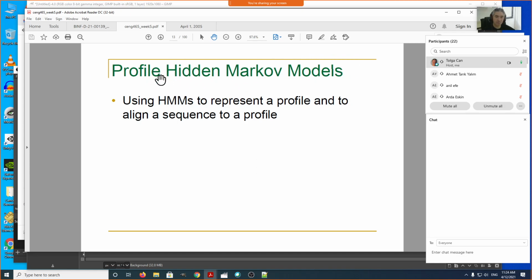This is a technique borrowed from speech processing and speech recognition, and the term PHMMs is specifically used to indicate profiles of protein sequences or DNA sequences.